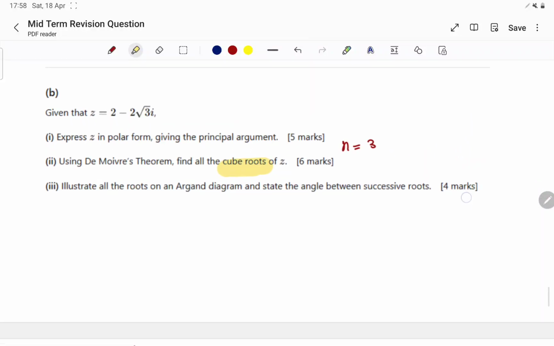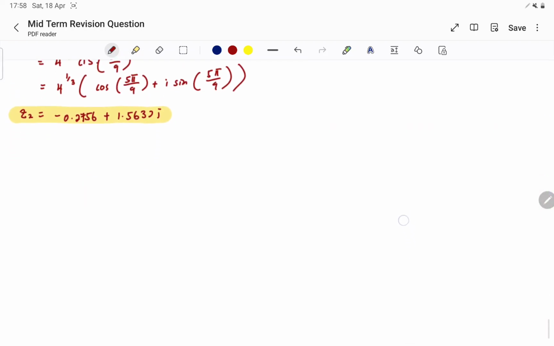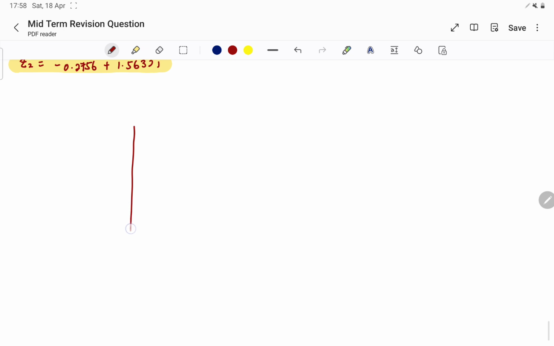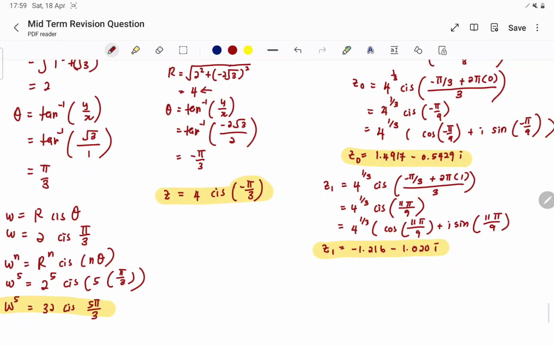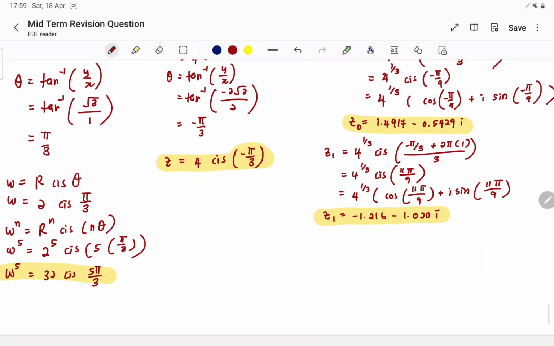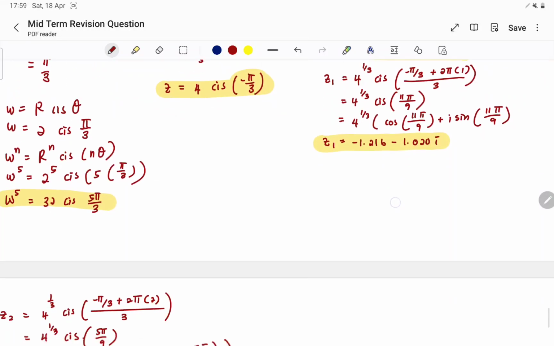Then the last question, they say illustrate all the roots on Argand diagram and state the angle between successive roots. So you draw the Argand diagram, and from each of the roots you can get each of the points. From z0, you have 1.4 and negative 0.5429.